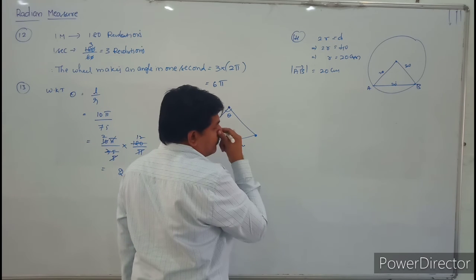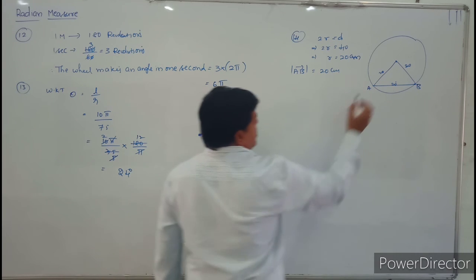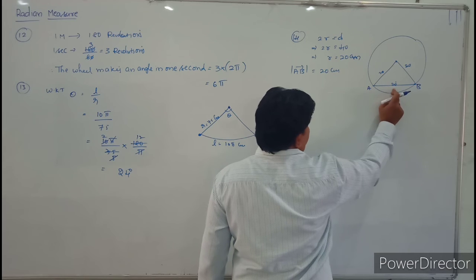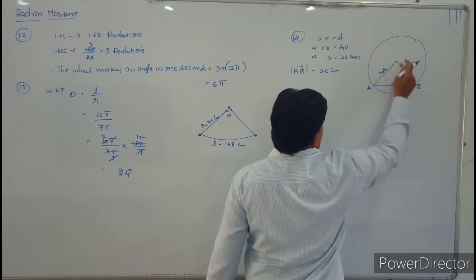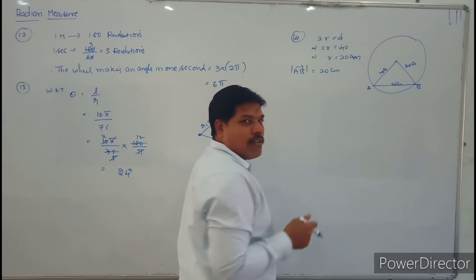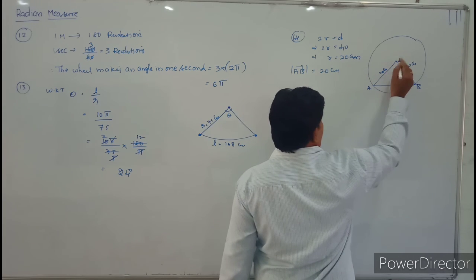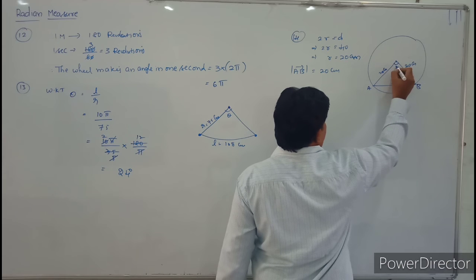So what I observed here, students, is that this is 20 centimeters, this is 20 centimeters and this is also 20 centimeters. So this triangle is an equilateral triangle, yes or no? Automatically every angle is 60 degrees.